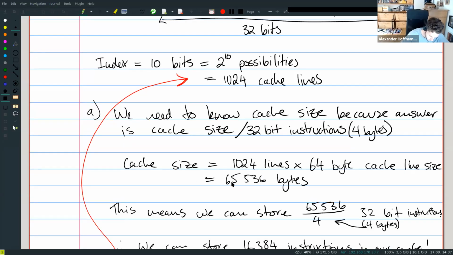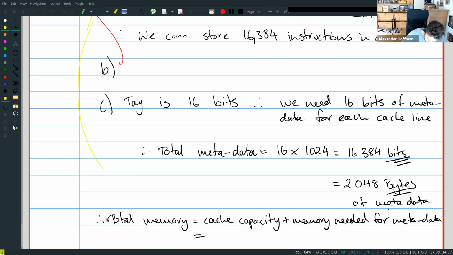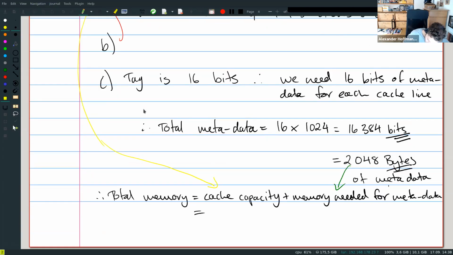Cache size, here we go: 65,536 plus 2,048 equals 67,584 bytes.